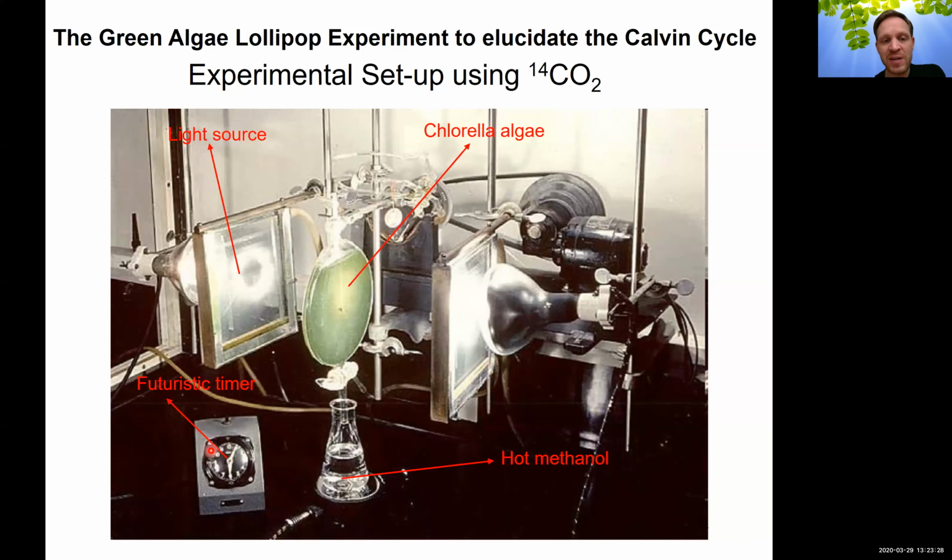They can release the green algae from the system at any point in time. You turn on the light, and after whatever time you wish, you release this, and the algae flow into the hot methanol, which extracts all the metabolites from the algae.